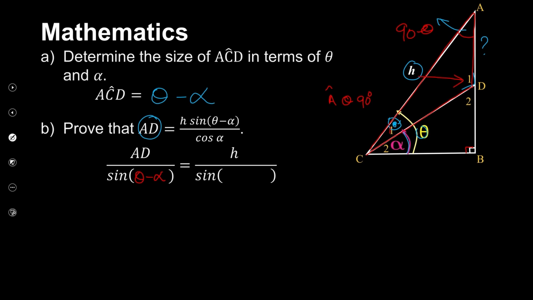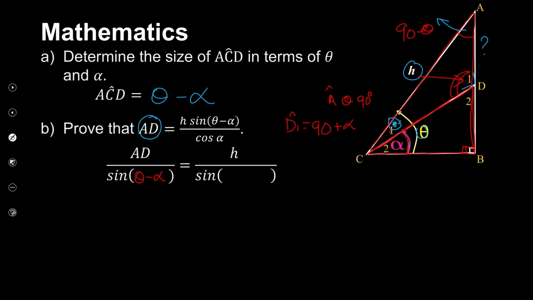The angle across from H is D1, but we need to find D1 in terms of the angles that we have. If you notice, D1 is an exterior angle to this triangle here. So D1 has to equal that angle plus this angle here. So it's 90 plus alpha.